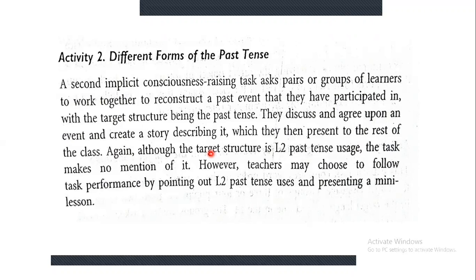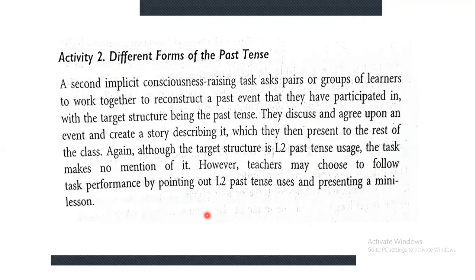Again, although the target structure is L2 past tense usage, the task makes no mention of it. However, teachers may choose to follow task performance by pointing out L2 past tense uses and presenting a mini lesson. All right.